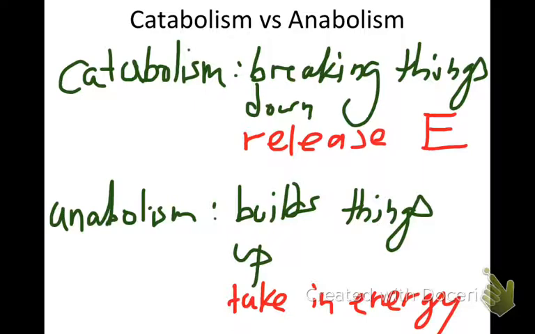One of them is breaking things down and releasing energy, and the other, anabolism, is building things up and taking in energy. So when we talk about cellular respiration, we are talking about a catabolic process. A very important catabolic process is cellular respiration.